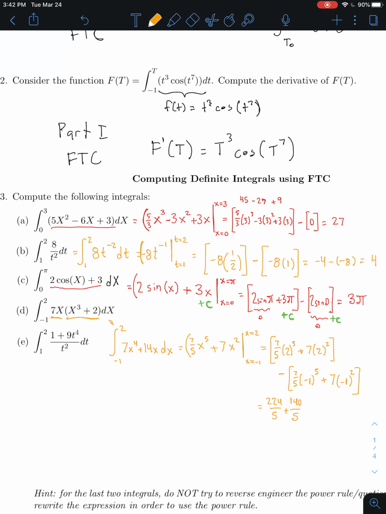And the next one is -1 to the 5th, which is -1 times 7/5. So that gives me minus -7/5. And then we have plus 7, which is 35 over 5. And when we finish this, if we compute this out, we're going to end up with 336 over 5.